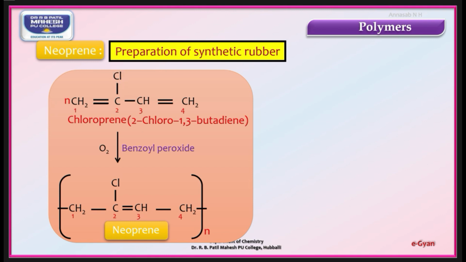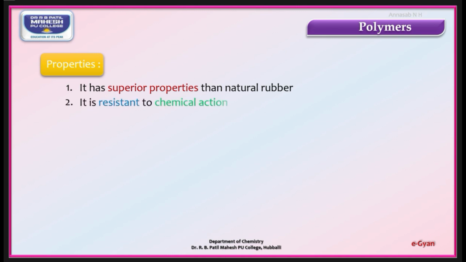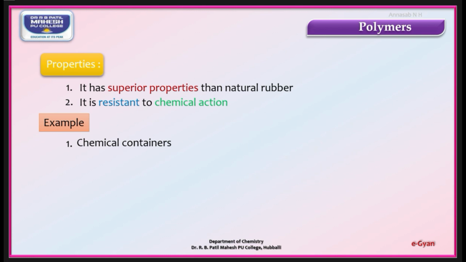Moving to the next part, properties. It has superior properties than natural rubber, which is having resistance to chemical action. Examples: these are used in chemical containers. These are also acid cans, which are resistant to chemical substances prepared in laboratories or factories, and which contain neoprene units.